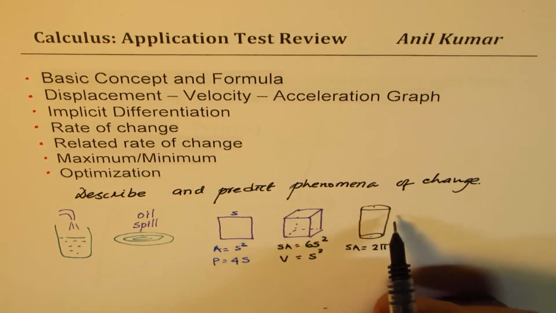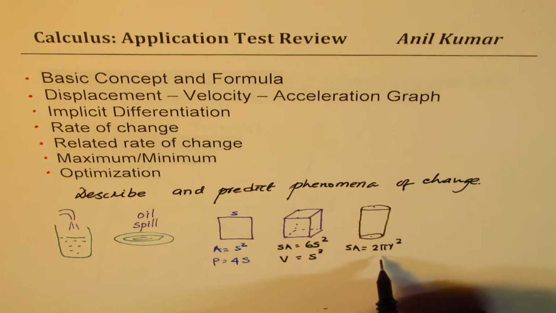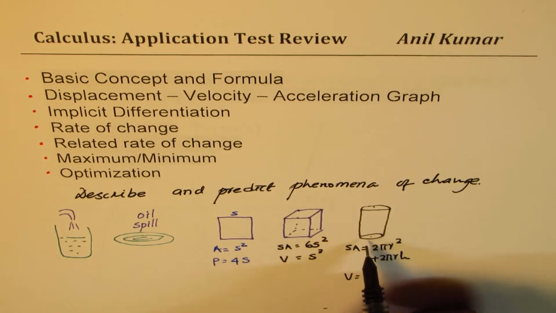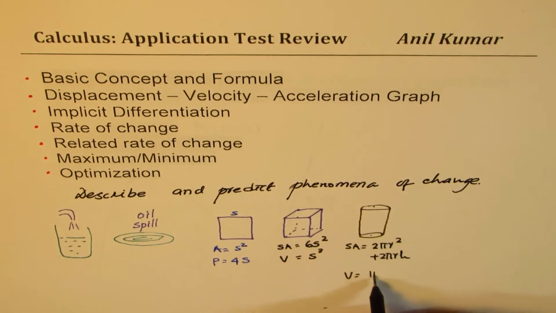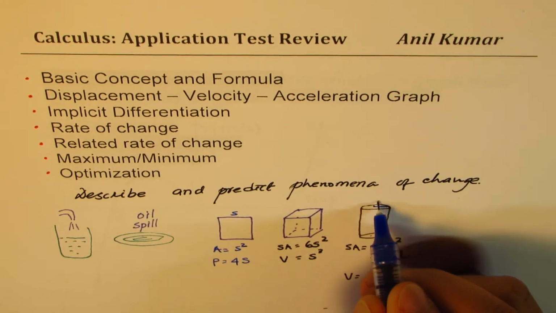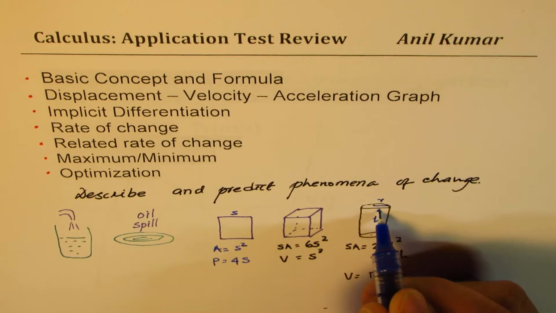And then the lateral surface 2 pi r h. So we'll add this to 2 pi r h. As far as the volume is concerned, area of the base, which is pi r square, times the height h. So we need to know two things to describe a cylinder. One is the radius, the other one is the height.